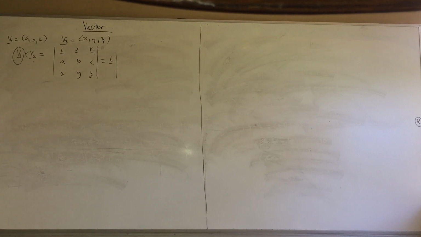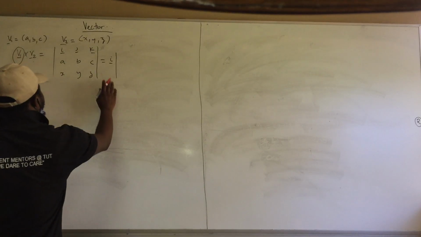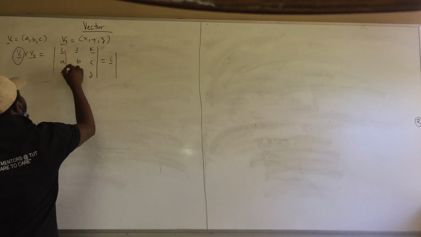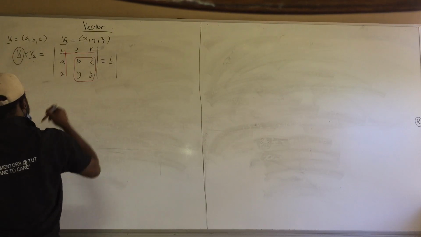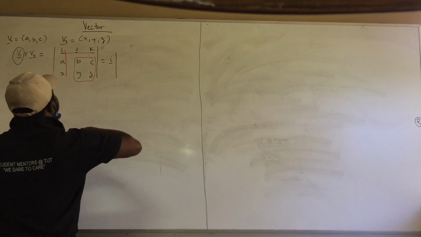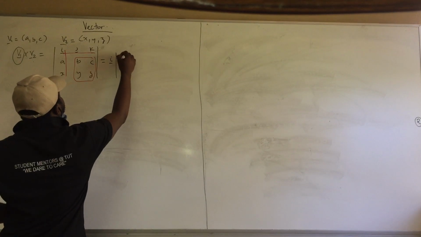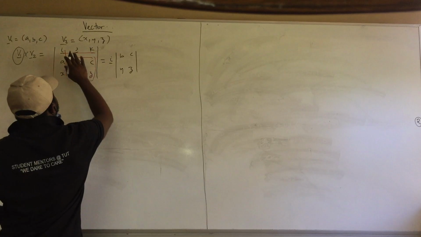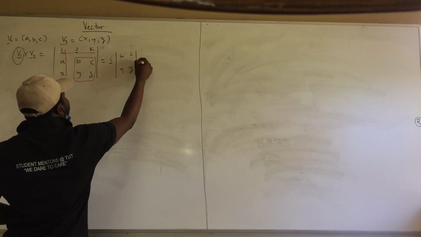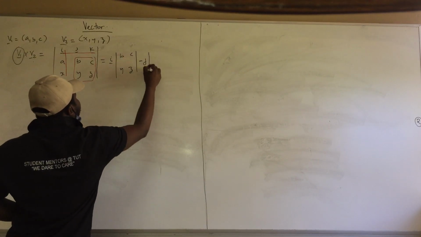Unfortunately, you cannot use your calculator; you have to show the steps. It's going to be I, and you write plus. It's going to give you B, C, Y, Z. And then the second step is minus J.